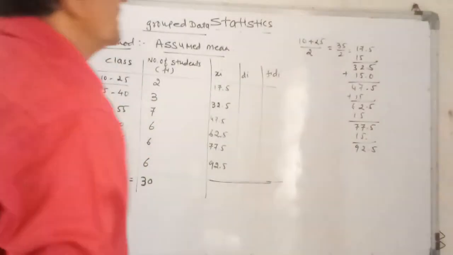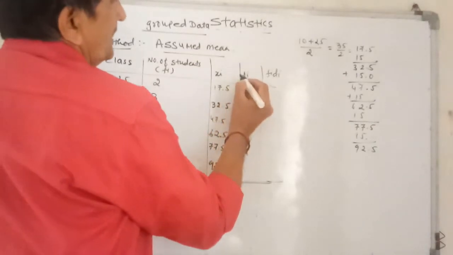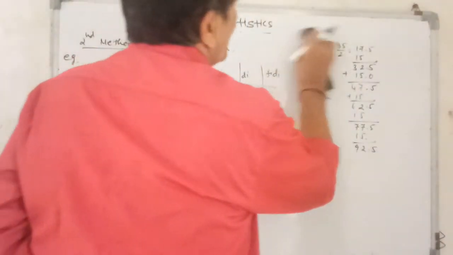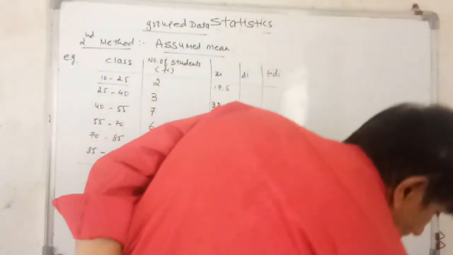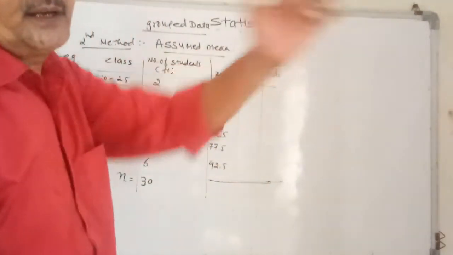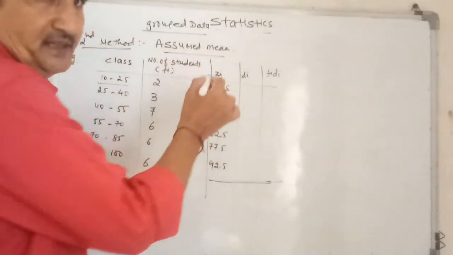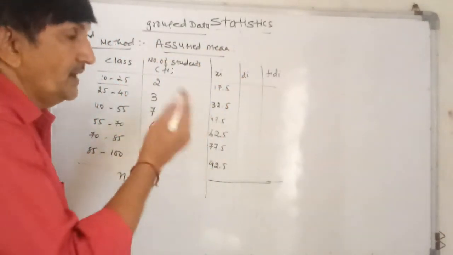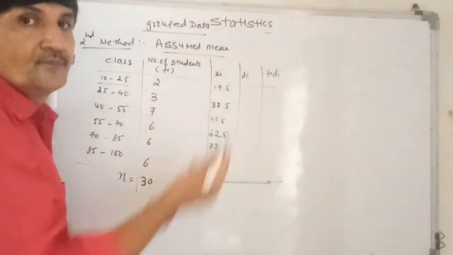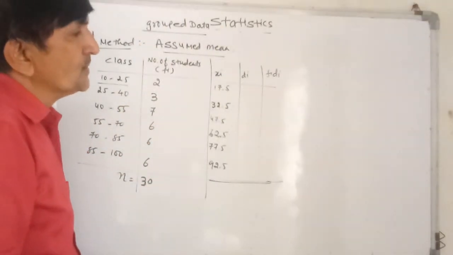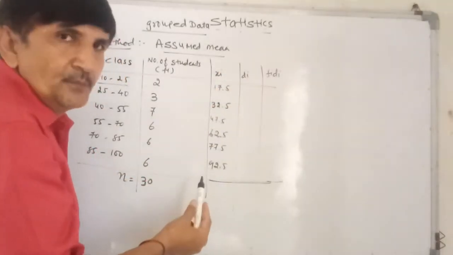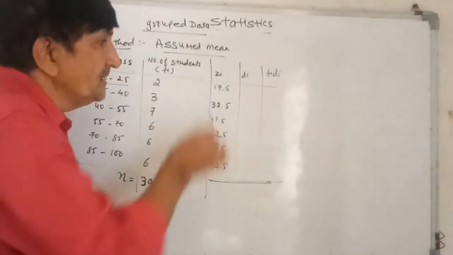Now it will change. Earlier we saw fi xi. Here additionally we have to find di in the assumed mean. Di means the deviation of the assumed mean from our observation. So we have to assume a mean from among the xi.